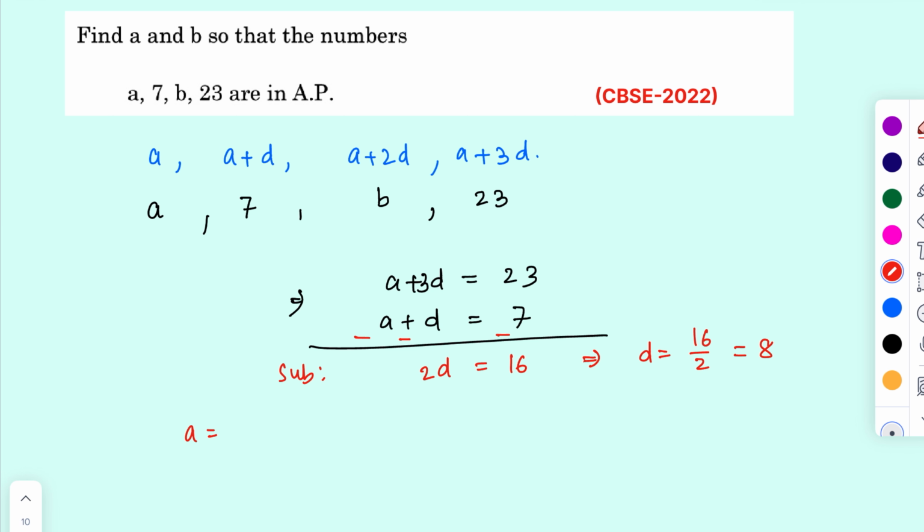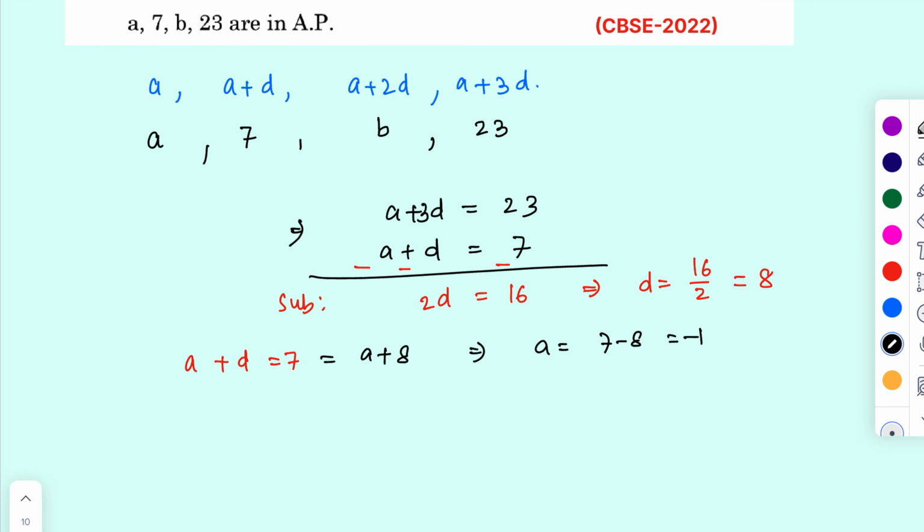So a plus d is equal to 7, that is a plus 8 equal to 7, or a will be equal to 7 minus 8, which is equal to minus 1. Similarly for b is equal to a plus 2d.